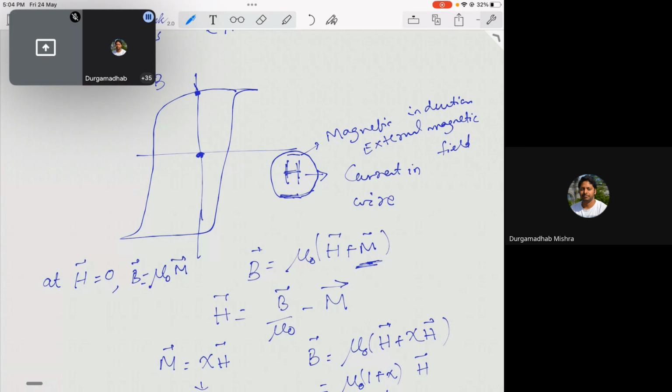And you still have a magnetization without any external field, which is not the case in any other material. Okay, so that's why ferromagnets have this peculiar hysteresis.